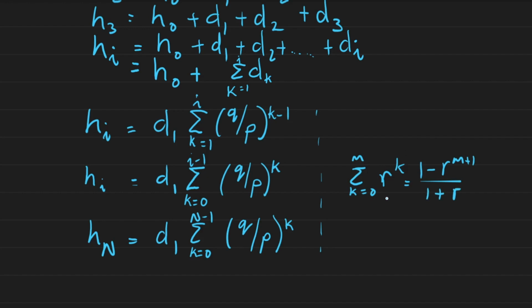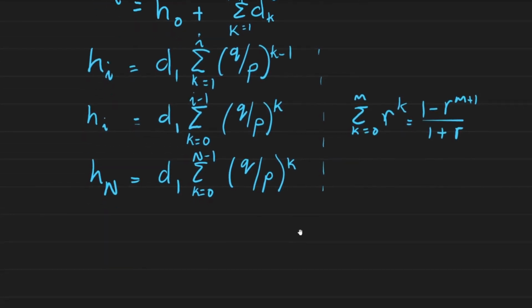I'm not going to derive this equation now because it has definitely been covered by most people in high school. You can refer to another textbook to understand how this is derived. We can now proceed to calculate d1 because we said that hn is equal to 1.